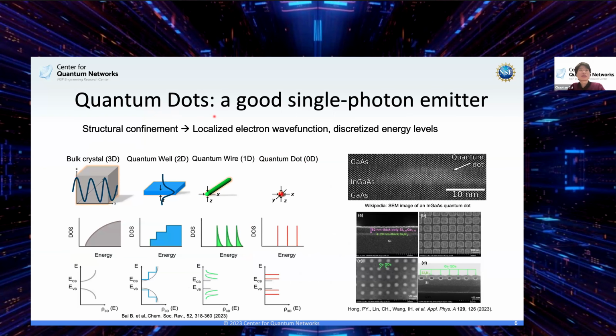Quantum dots are good single photon emitters, and they localize the electron wave function because you create a potential that goes from a bulk crystal into either a quantum well, or, if you have three-dimensional confinement, a quantum dot. Your energy levels become discretized into separate energy levels, so those energy levels can be used as qubits.